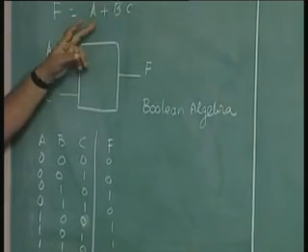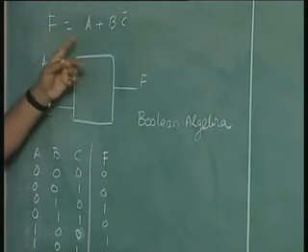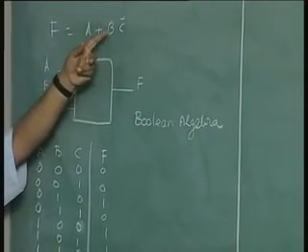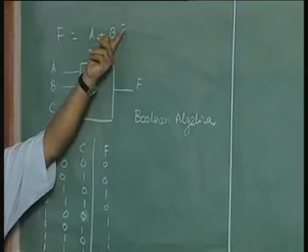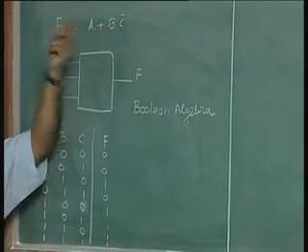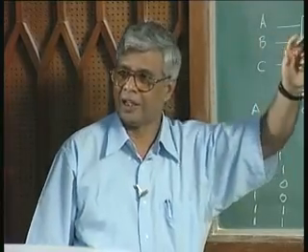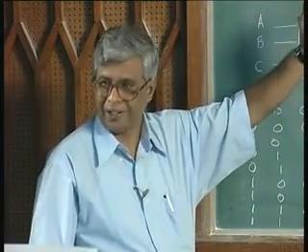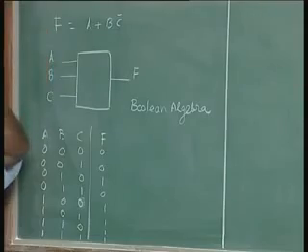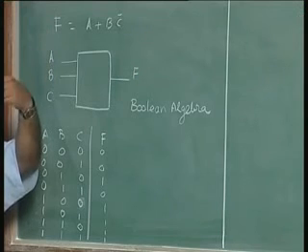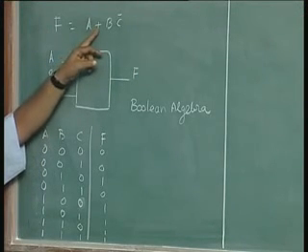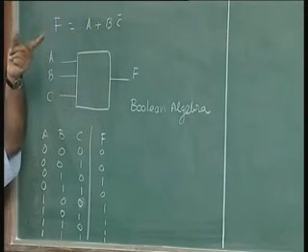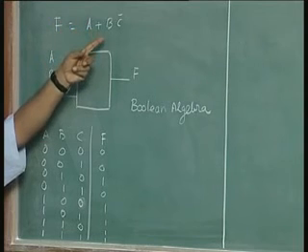That means we have an output written as a series of terms which are AND functions. When you say product, you give an arithmetic analogy. Even though it's B and not C, we call it a product, B C bar. And even though this is an OR function, we call it a sum because it's a plus sign. So this is a sum of products.